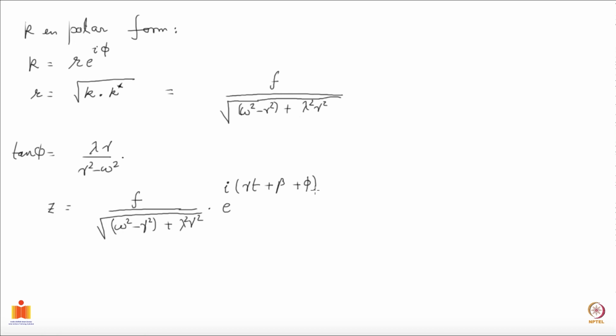So our solution q is the real part of z, which is again this thing. Let me write it down. And then you have cos of gamma t plus beta plus phi.